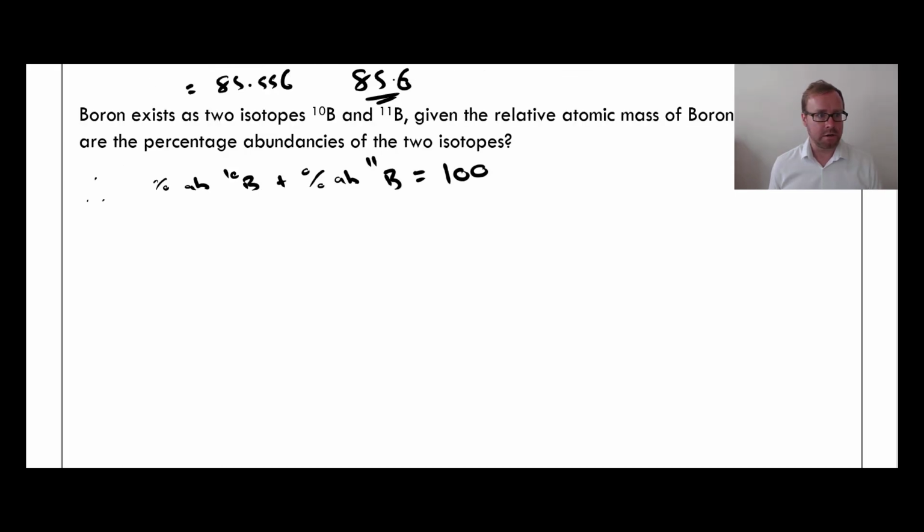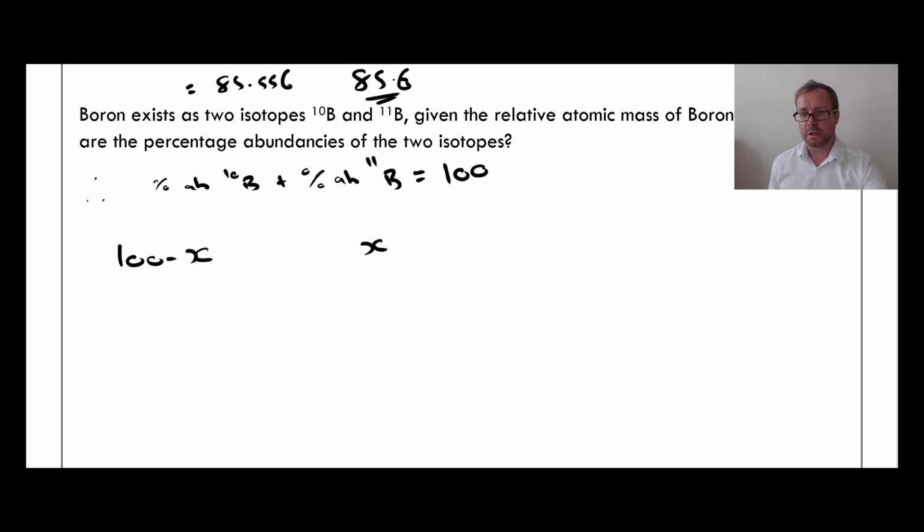Okay, right, so tricky or not? We know that if we have two isotopes, the percentage abundances must add up to 100. Therefore, one abundance must equal 100 minus x, and the other abundance must equal x. So we have to do a bit of algebra here.